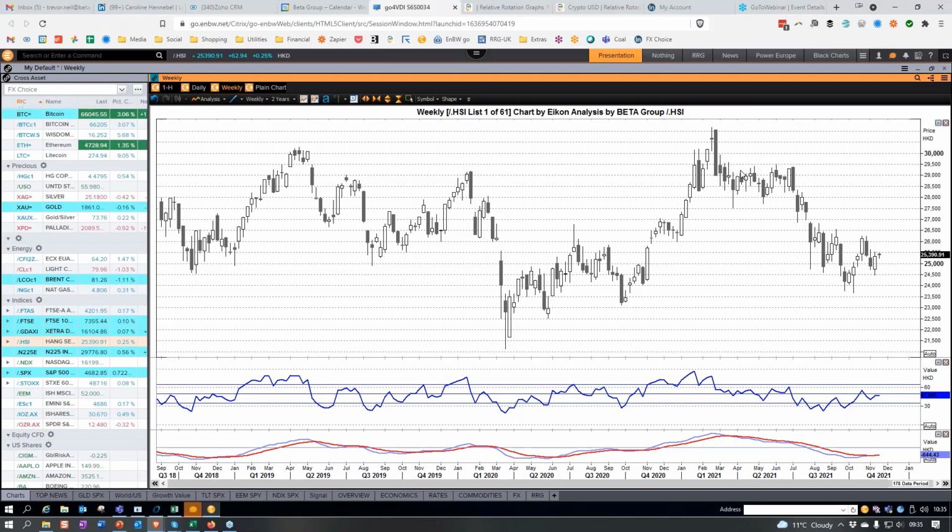If we do break up, then I think we could shoot up to above 28,000. If we do break down, I think we've got several lows in place to catch the fall if it happens. I don't like this one. If you're asking my view, if you compare this to a chart like the German 30, for example, there you're breaking to new highs.